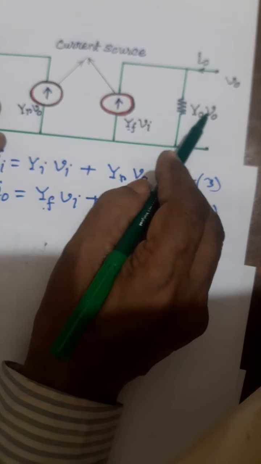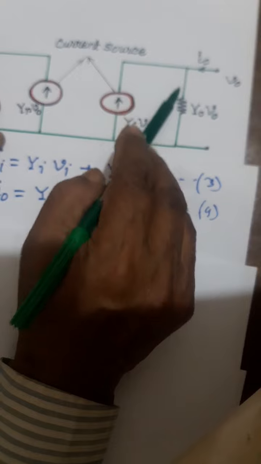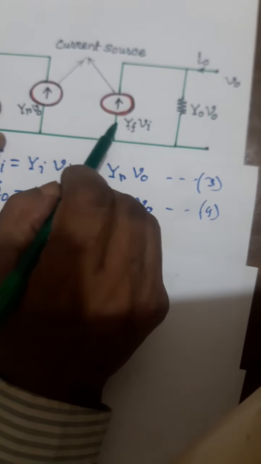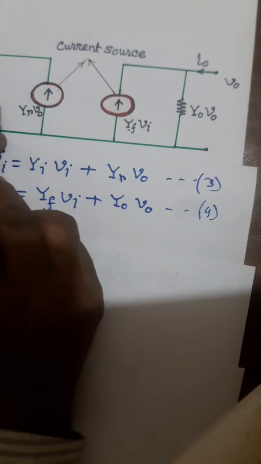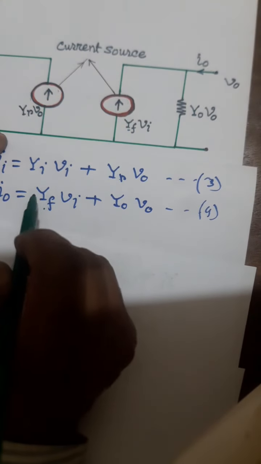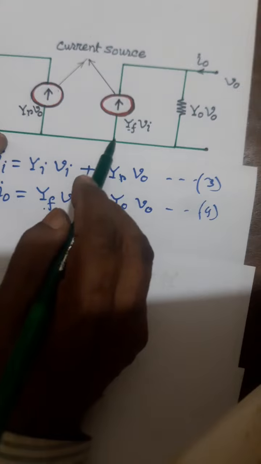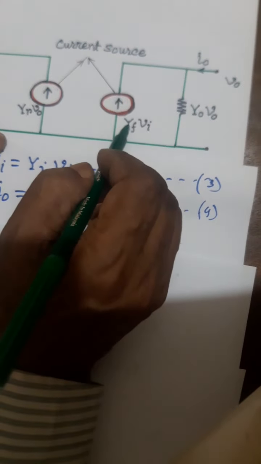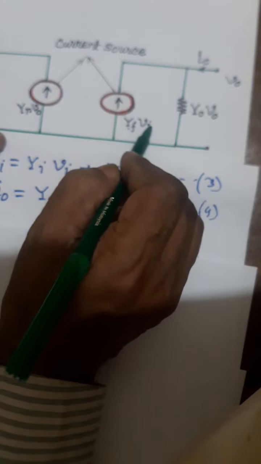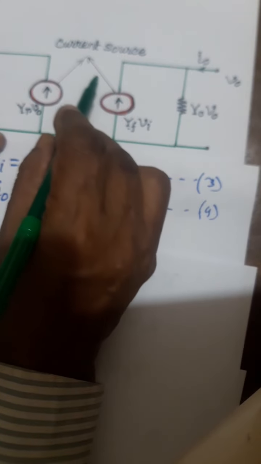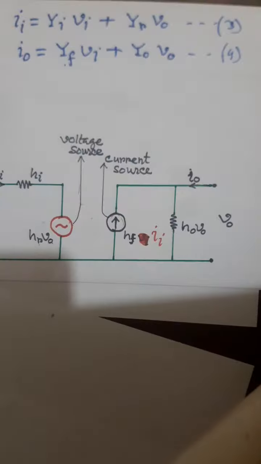Yo Vo is the current through Yo. Another part is Yf Vi, where Vi is the input voltage and Yf is the forward transfer admittance. Therefore this current is Yf Vi. It is also a current source.